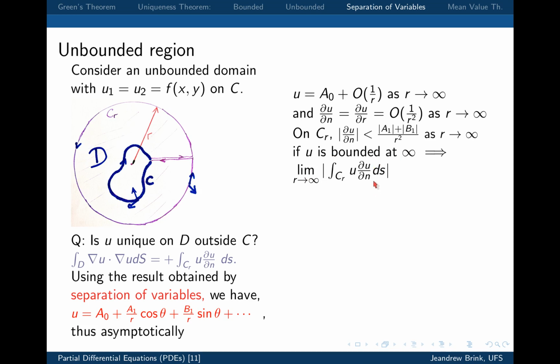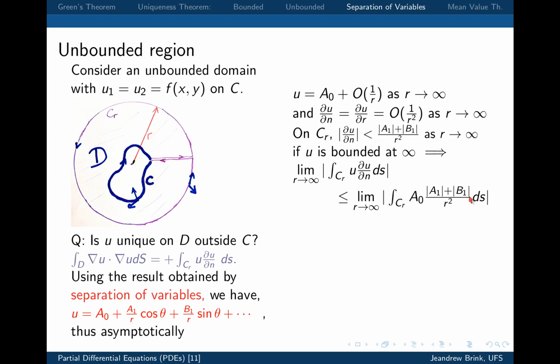behaves as follows. You basically want to compute the limit as r goes to infinity of this integral along the boundary, and we're now going to put in our estimates for these functions to obtain an upper bound. So we know that that integral is less than or equal to this thing, and we now have to evaluate this integral. Be careful whenever you're working here, this ds has got to be parameterized along the curve.